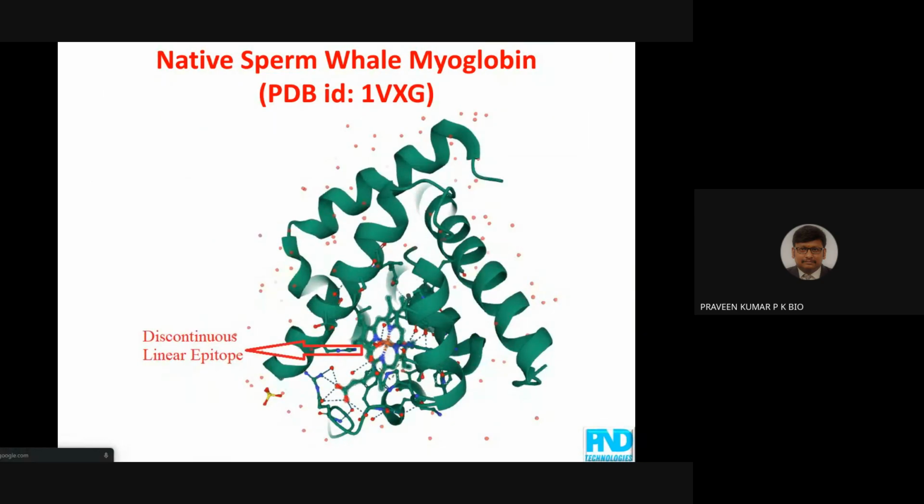Now let me go ahead with another example, PDB ID 1VXG, where we take the native sperm whale myoglobin. Here is what I discussed, the second type of B cell epitope, that is discontinuous. If you know the 3D structure of the epitope, then the epitope can bind inside the protein also, isn't it? A few residues are binding inside.